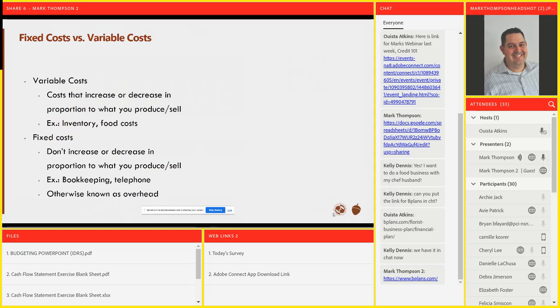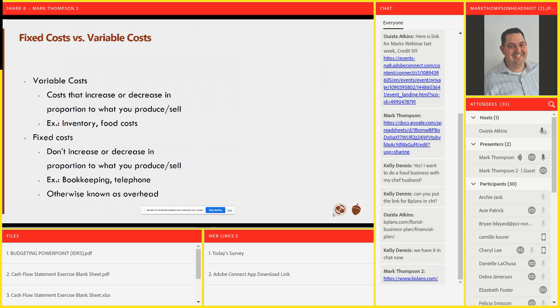So as a good rule of thumb, variable costs go up in lockstep with what you sell. Fixed costs don't really depend on what you sell. And why do we even mention this? Because as we project these on our budget, if our revenue is going up quite a bit, and we have sales that we need to make to make that revenue go up, we need to have that increasing every month, right?